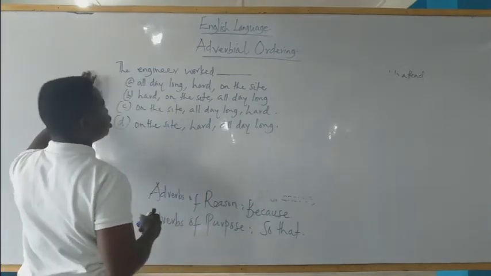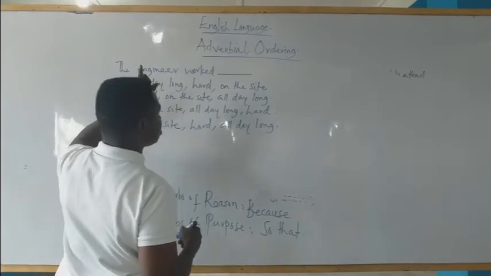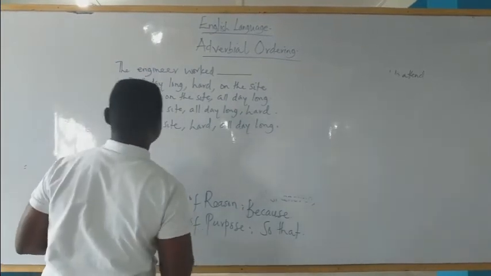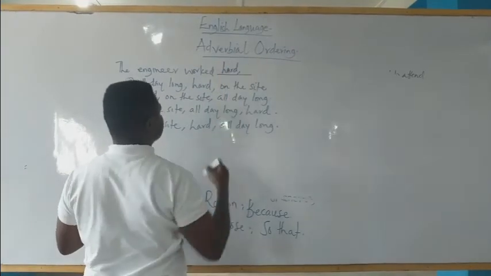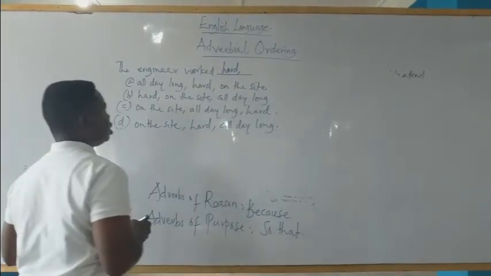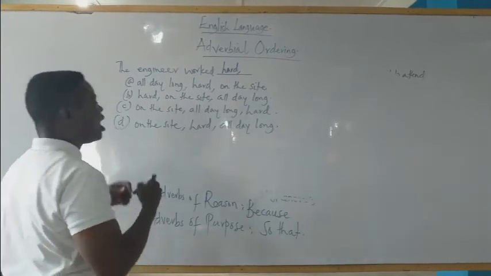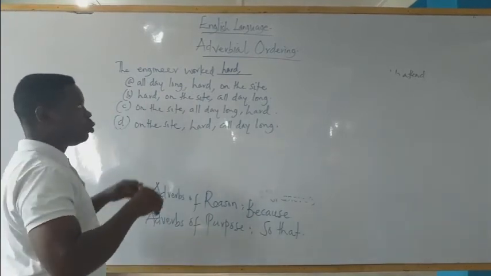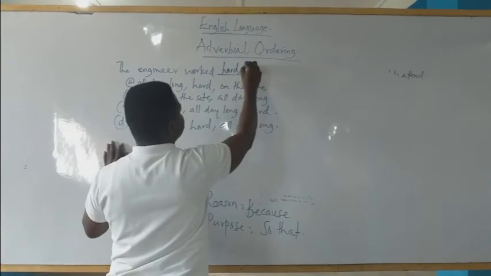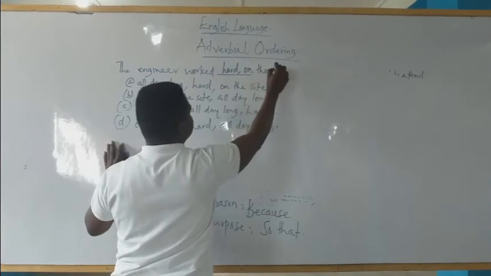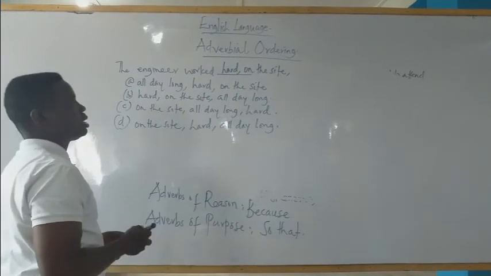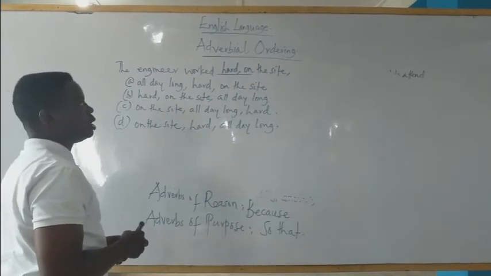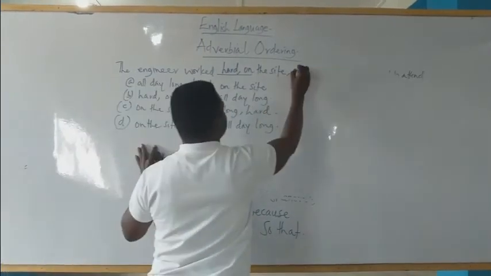How did the engineer work on the site? He worked hard. Hard is showing manner, so hard will come first. Then where did he work? That is a place: on the site. Now, what time did he work on the site? That is all day long.